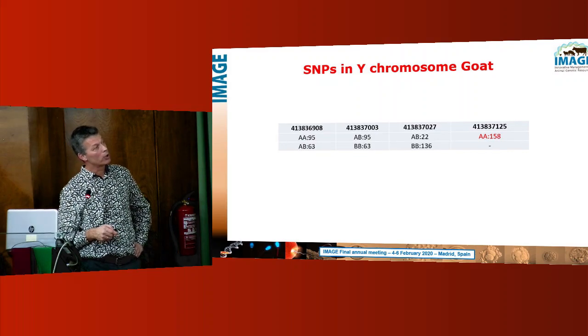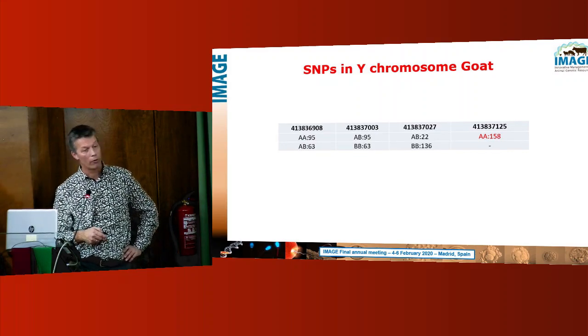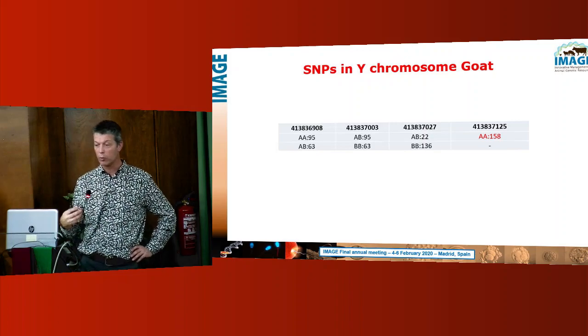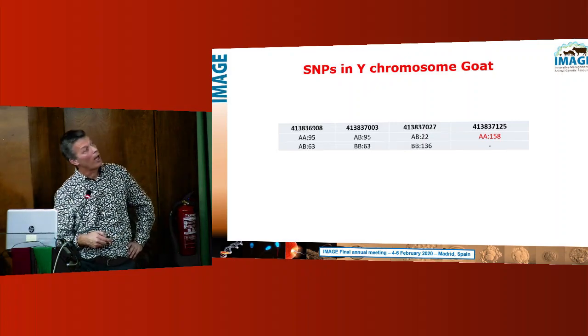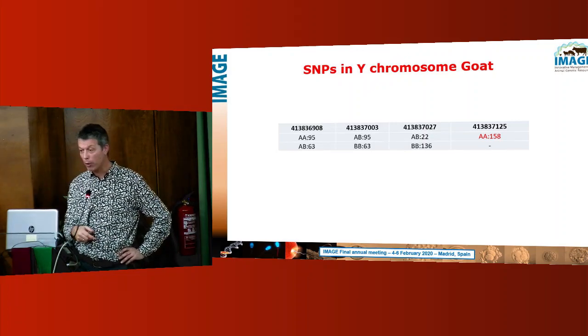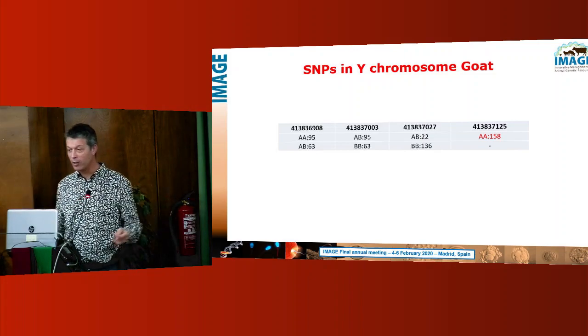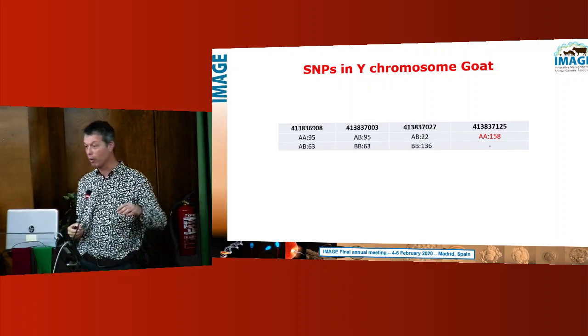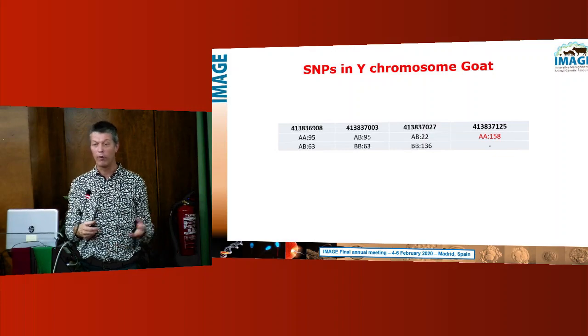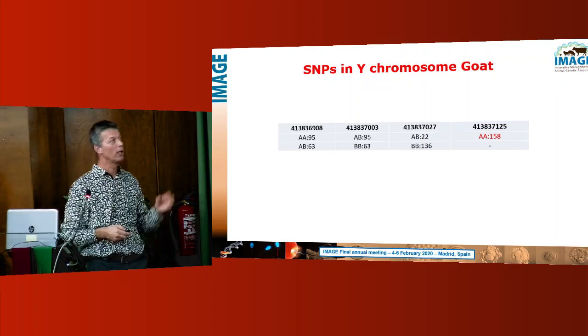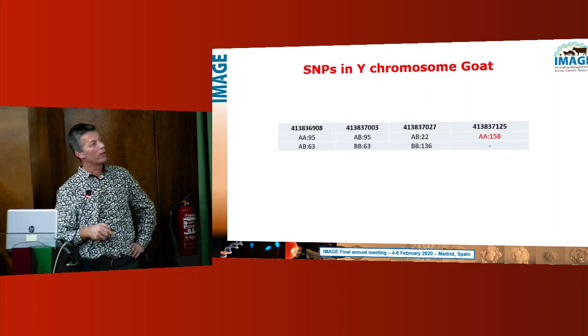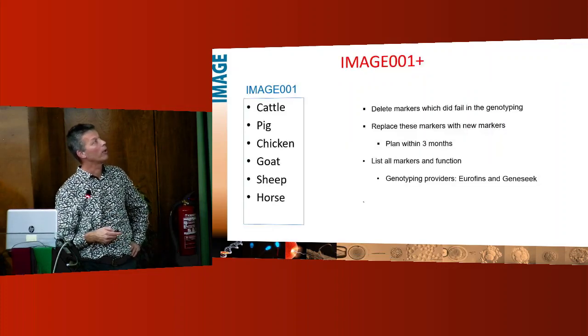And in some cases we know we have a lot of dropouts. Dropouts means that if you have a female in mammals, you don't have any genotype for this marker, and if you have a number of those, then the marker will fail. So we have to restore this information, and we are working on that at the moment to get this whole data set completed.